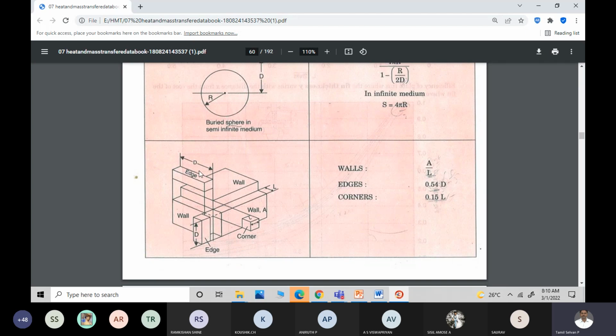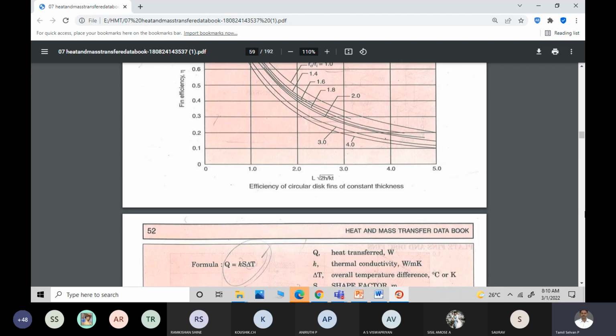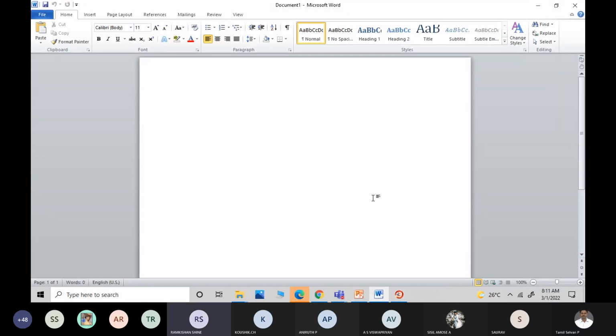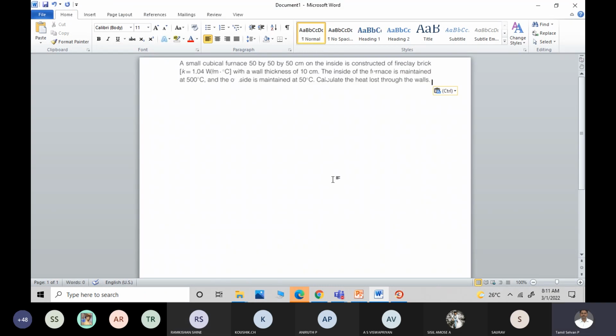For walls, the conduction shape factor is A by L, for edges 0.54 D, and for corners 0.15 L. It is just below the conduction shape factor on page number 52. For a new data book, it will be different. The formula is Q equal to K into S into del T, where S is the conduction shape factor. Is it fine, students? Everyone?